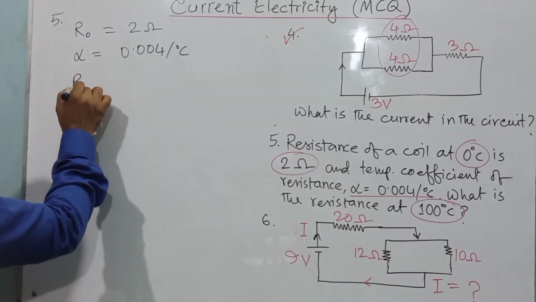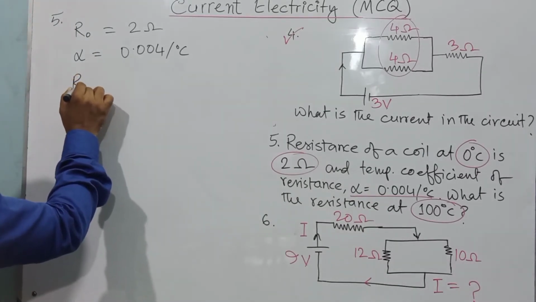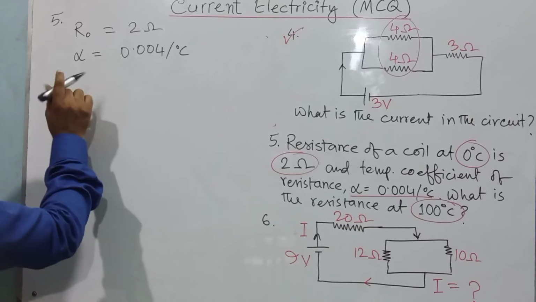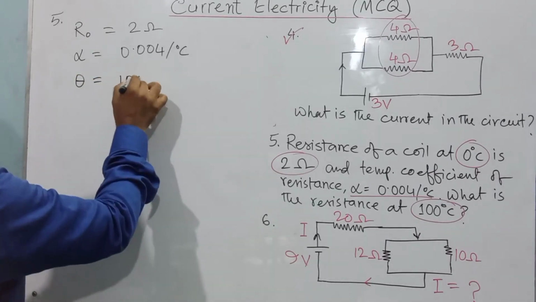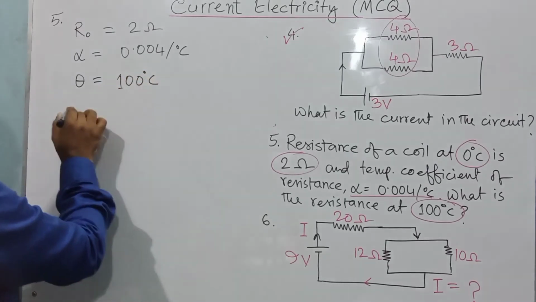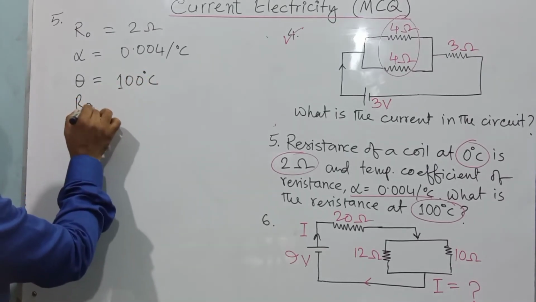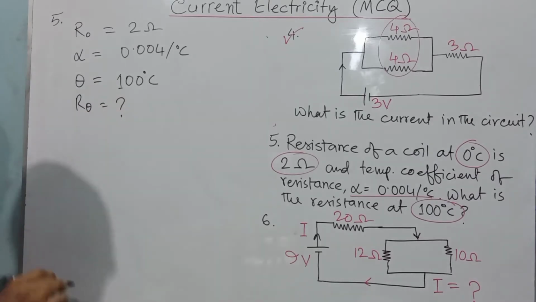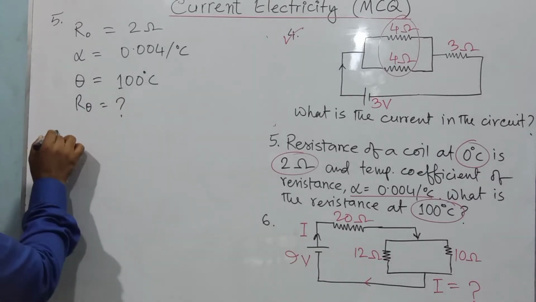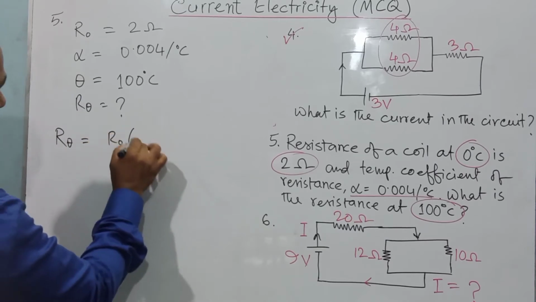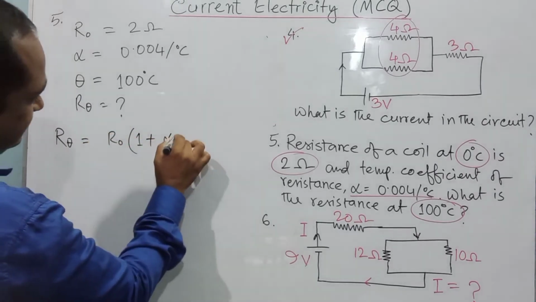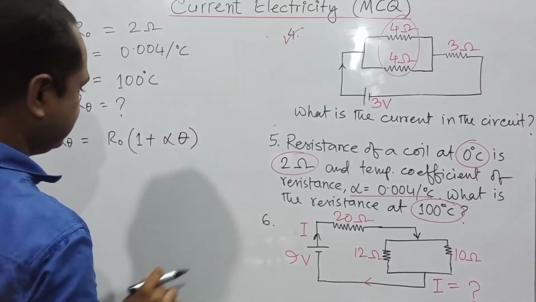So we have to calculate the resistance of the wire at 100 degree Celsius. First we can write the temperature of the wire, theta, is equal to 100 degree Celsius. So we have to calculate R theta. We know R theta is equal to R naught into (1 plus alpha theta), right?